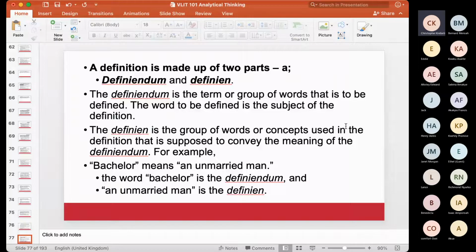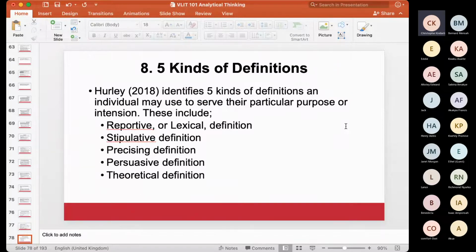So basically, these are they. Now let's look at the 5 types of definitions that are available. These include reportive or lexical definition, stipulative definition, precising definition, persuasive definition, and theoretical definition. Basically, there are 5. And there is a confusion that is created by some textbooks. In some textbooks, they also use the 2 types of meaning in cognitive meaning.